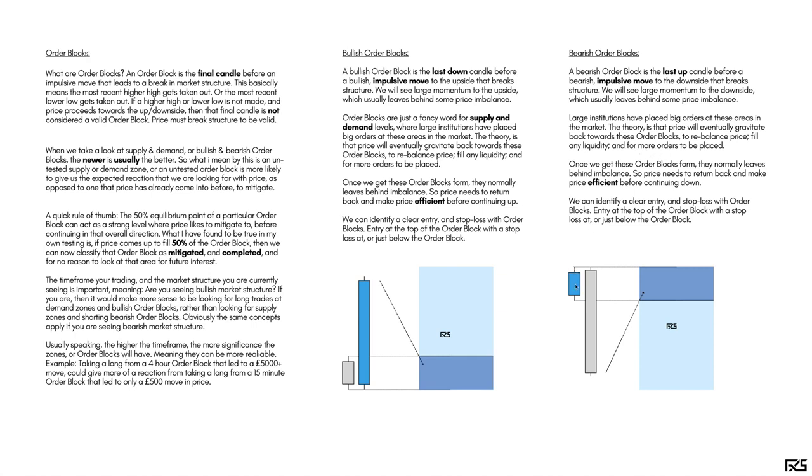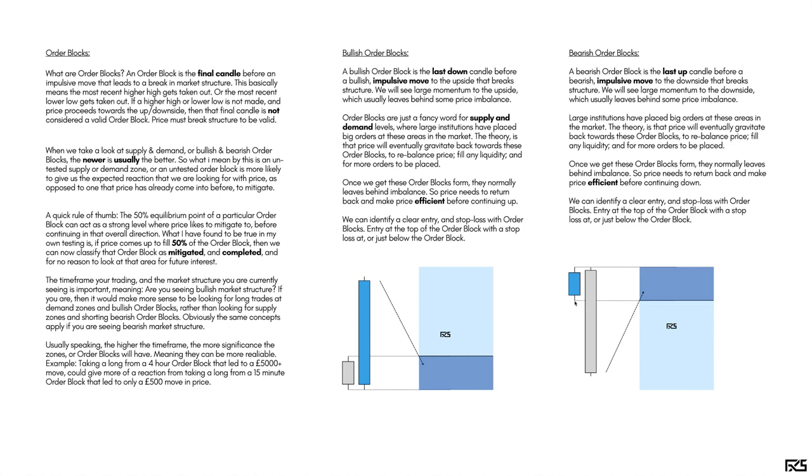So this is the order block. Price impulsively moved away, leaving behind imbalance and liquidity. Price needs to return and make price efficient before continuing down. So we tap in, rebalance price, and then we continue to the downside. Now we can identify a clear entry, so we can enter with a limit order at the base of the order block.